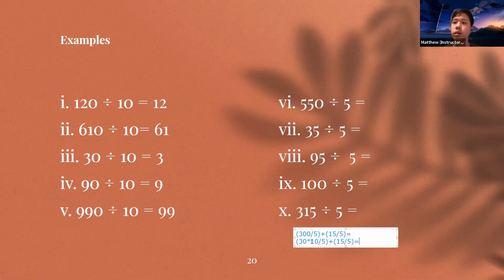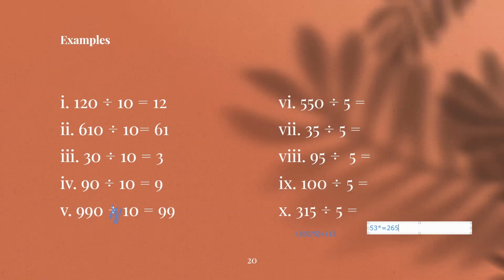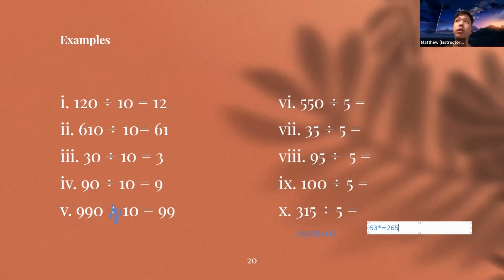But this part is still the same. It is the same as 300 divided by 5. You're really close. 53 times 5 is actually equal to 265. 63. Correct. 63 is the correct answer.